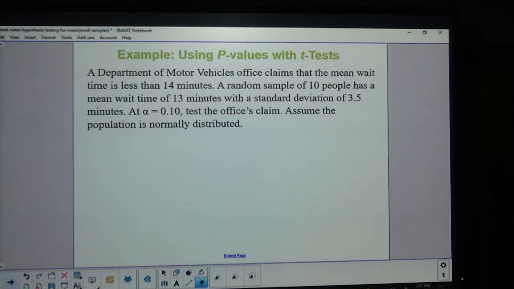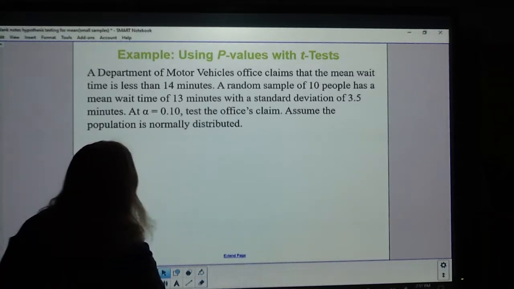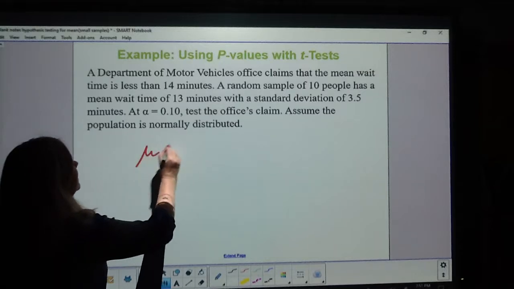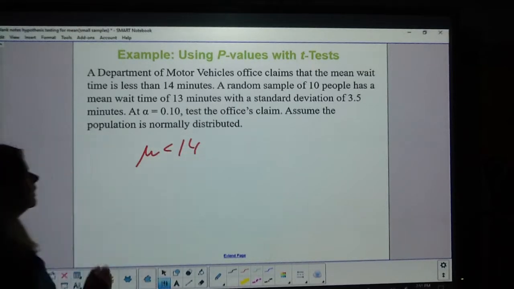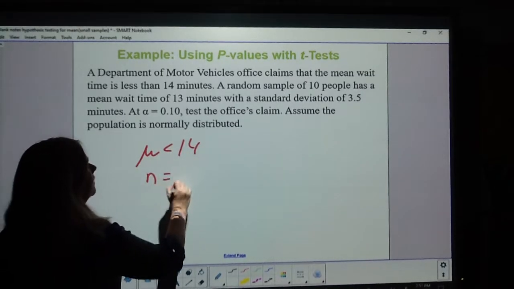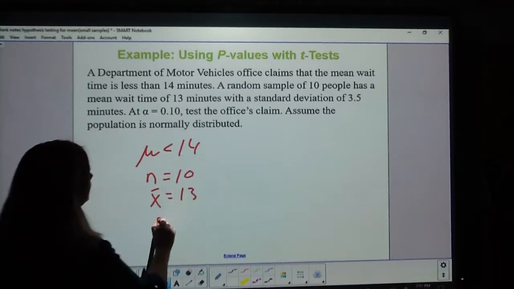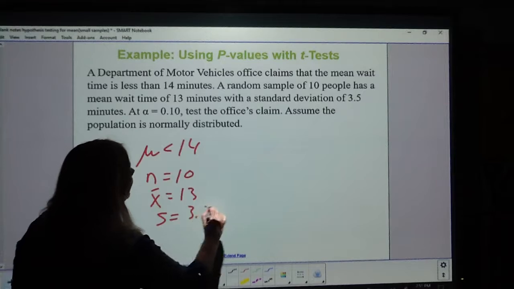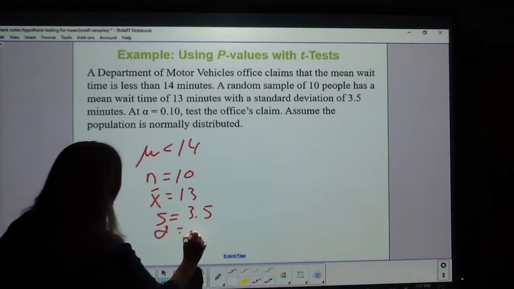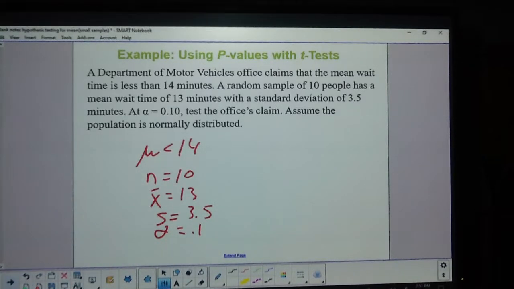Department of Motor Vehicles office claims the mean wait time is less than 14 minutes. Mean less than 14 minutes. A random sample of 10 people has a mean wait time of 13 minutes with a standard deviation of 3.5 minutes and an alpha of 0.1. Test the office's claim.